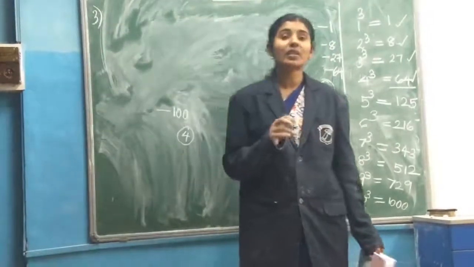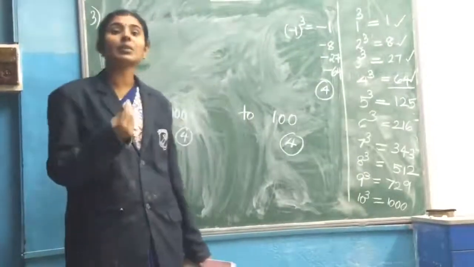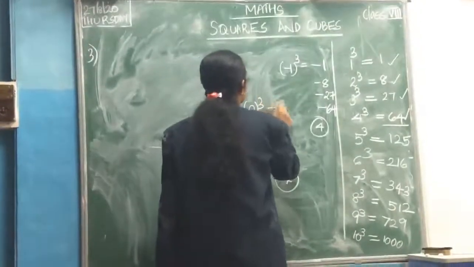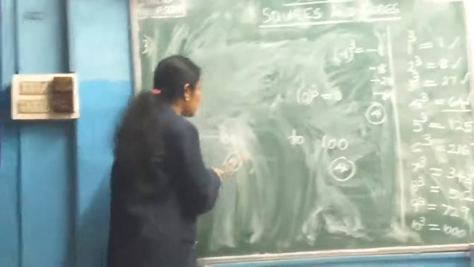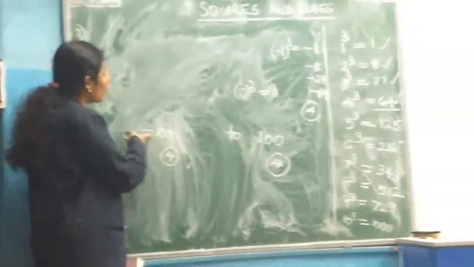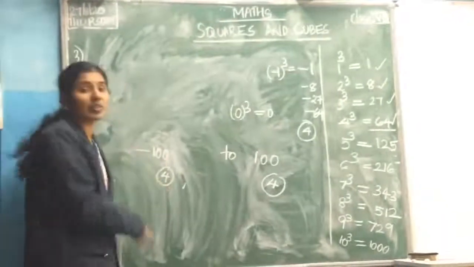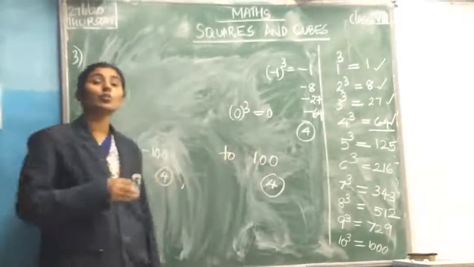Which is that number? 0. 0 also you can take as a perfect cube. What is the perfect cube of 0? That is 0 itself. So, total how many are there? From minus 100 to minus 1, 4 cubes are there. 1 to 100, 4 cubes are there.